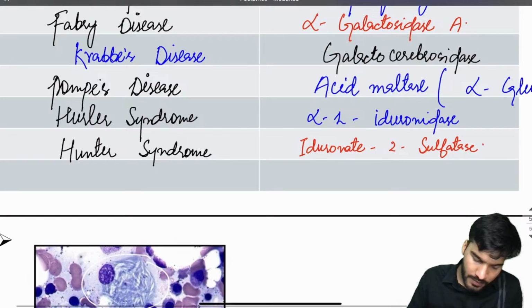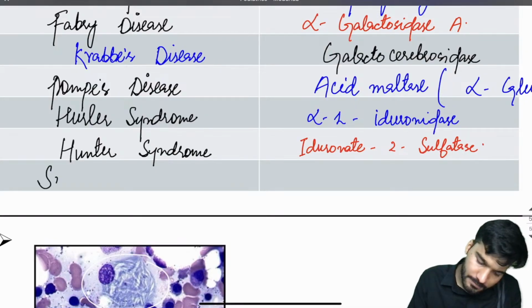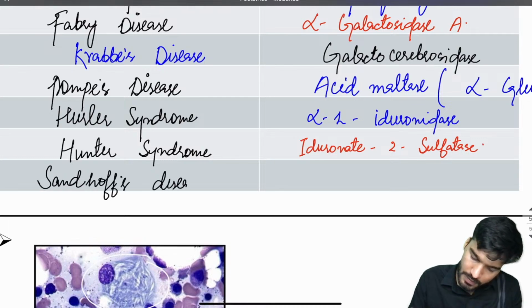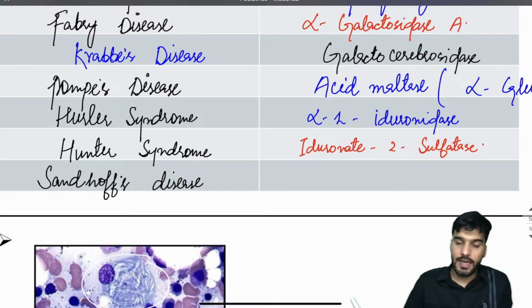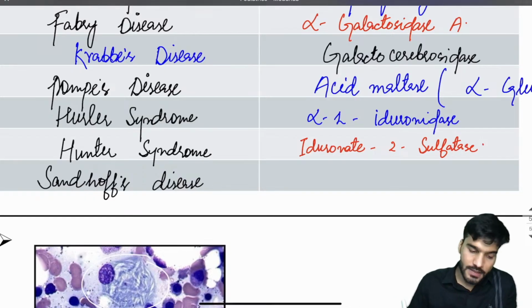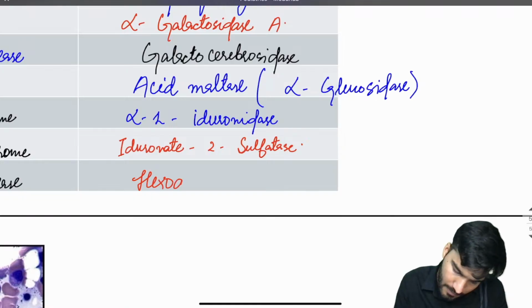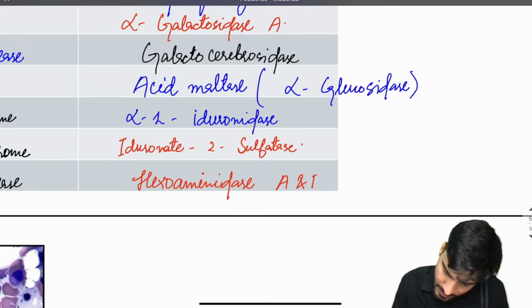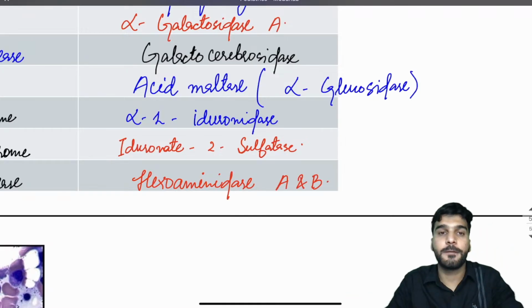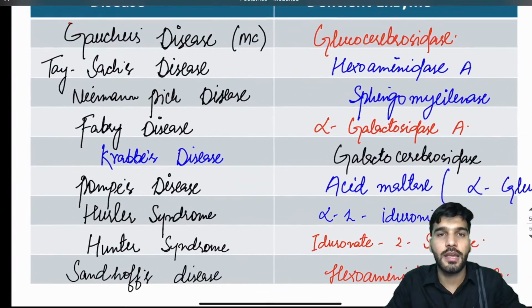Last one, guys, we have Sandhoff's disease, and the enzyme deficient in Sandhoff's disease is hexosaminidase A and B.